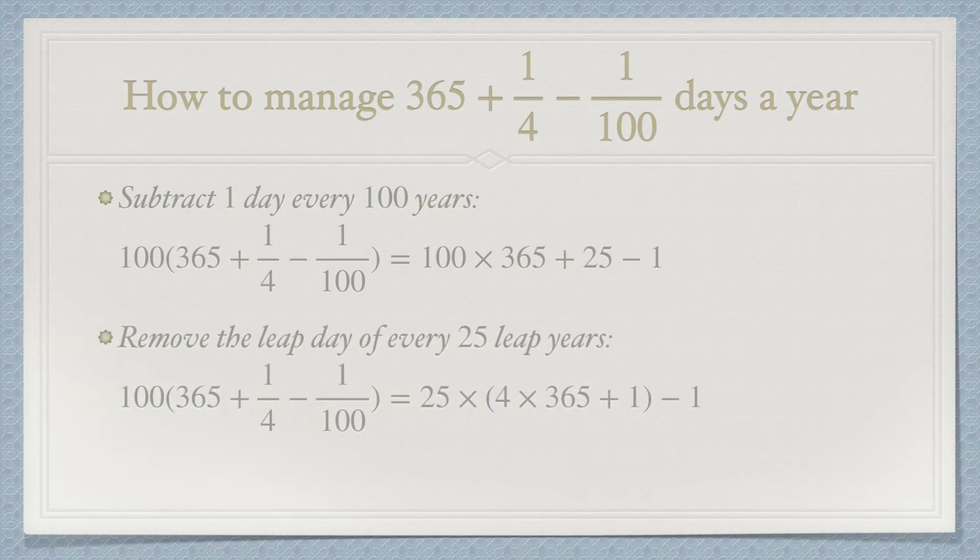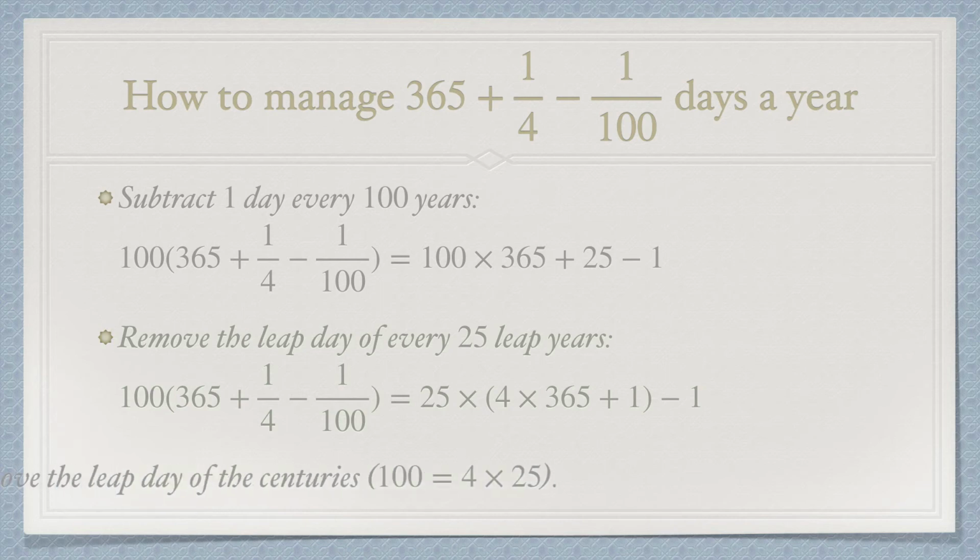You may remove the leap days for every 25 leap years, because 100 multiplied by 365 plus 1/4 minus 1 over 100 is 25 multiplied by 4 times 365 plus 1, 4 years with a leap year, minus 1.